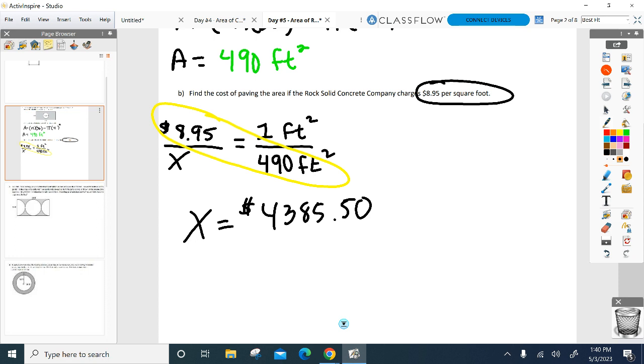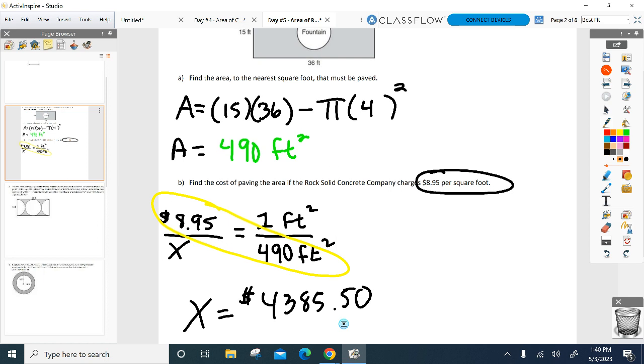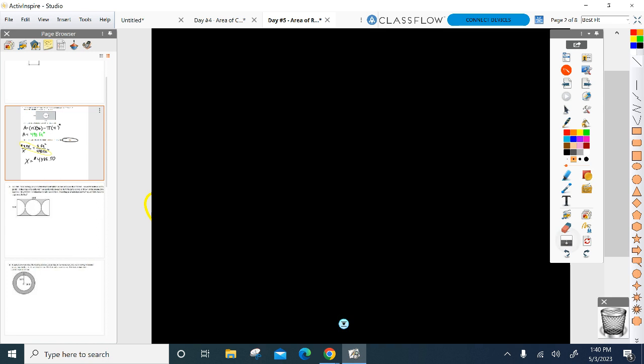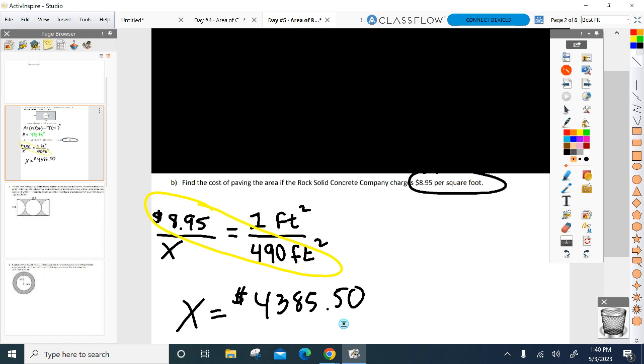Okay, couple things here before I let you go on your own in your groups. Going back to this problem, notice I used the 490 and not the non-rounded answer. The reason being is if they ask you to round in the first part, use that rounded answer. Now let's say that was the only question.